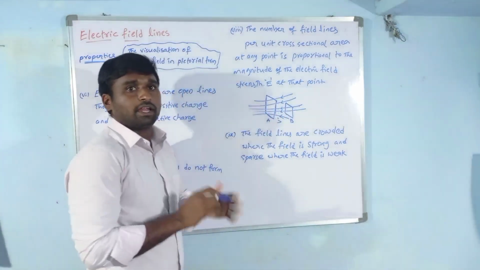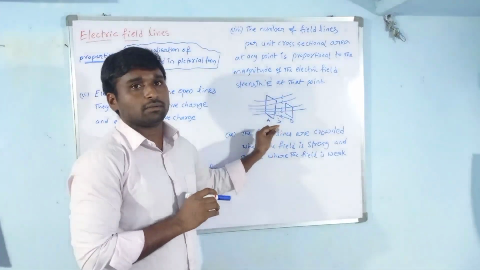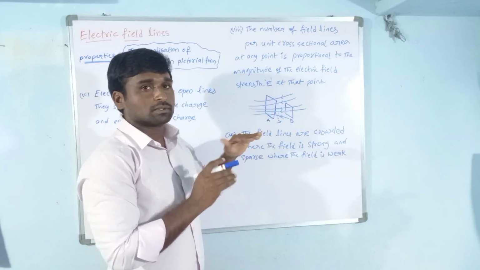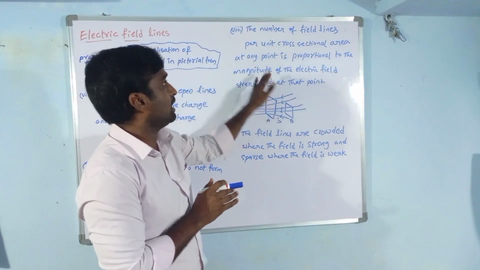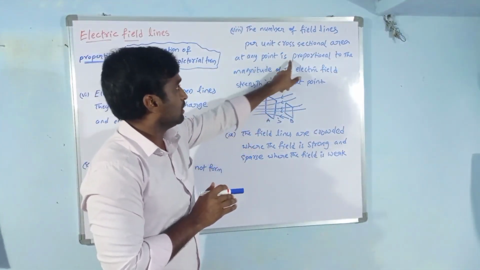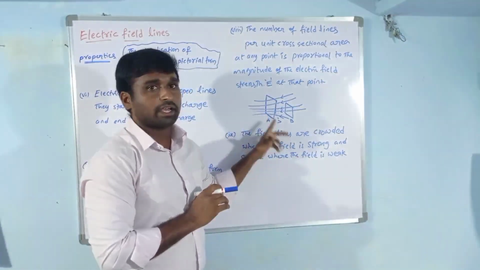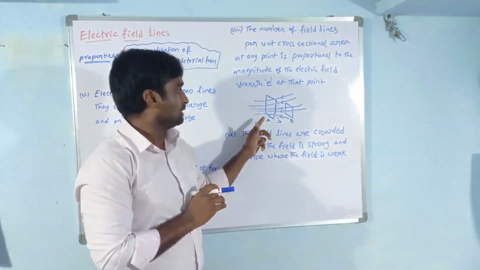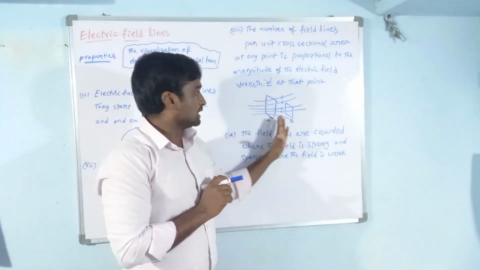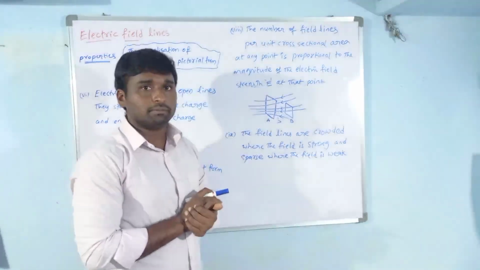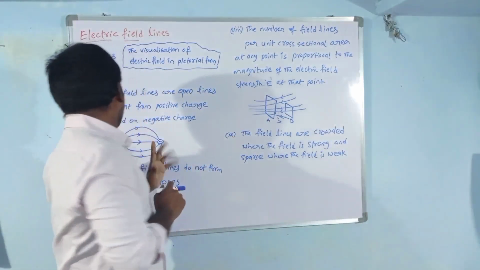So 5 lines are passing through surface A, and only 2 lines through surface B. That's why the number of field lines per unit cross-sectional area at any point is proportional to the magnitude of the electric field strength. Which one has maximum electric field strength? Surface A has maximum electric field strength compared to surface B. This represents the eighth property.